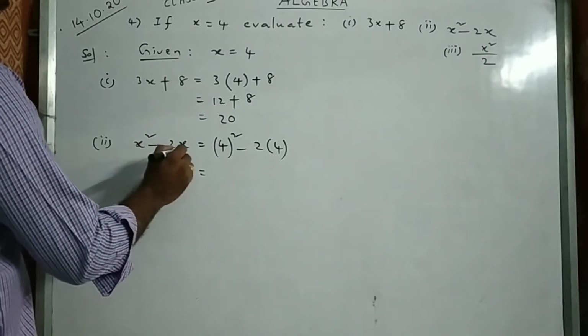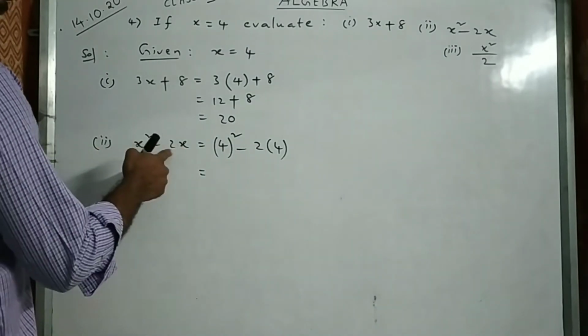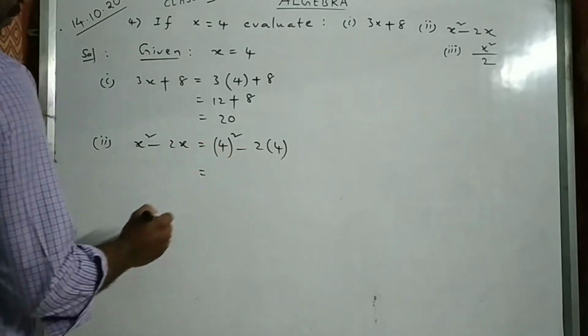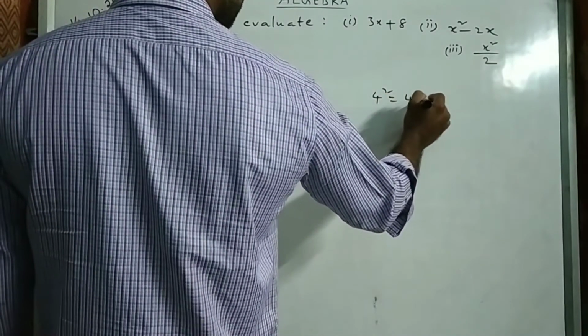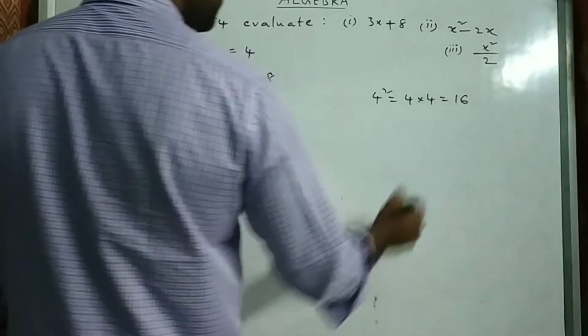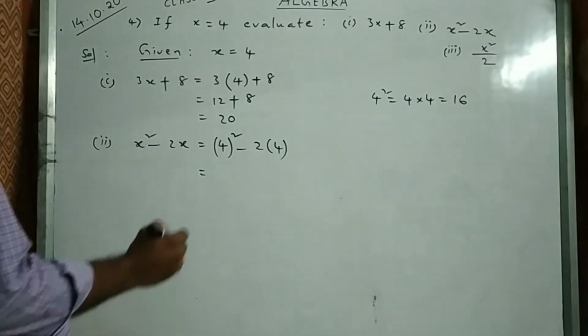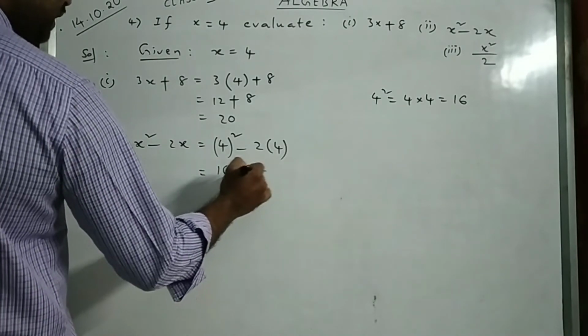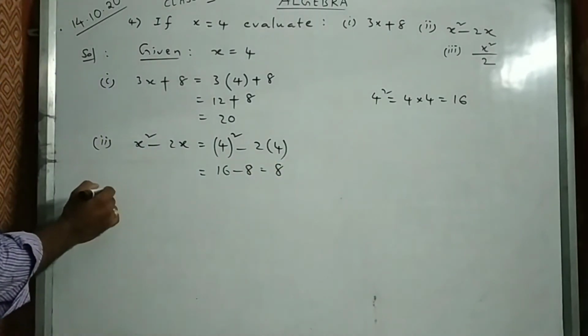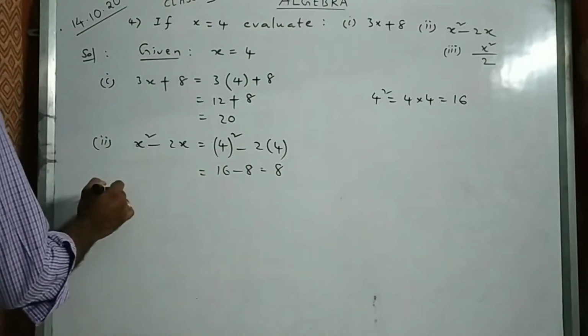What is the value of 4 square, by the way? 4 square means 4 into 4. 2 times we have to multiply, right? So 4 4s are 16 minus 2 4s are 8. 16 minus 8 we get 8.